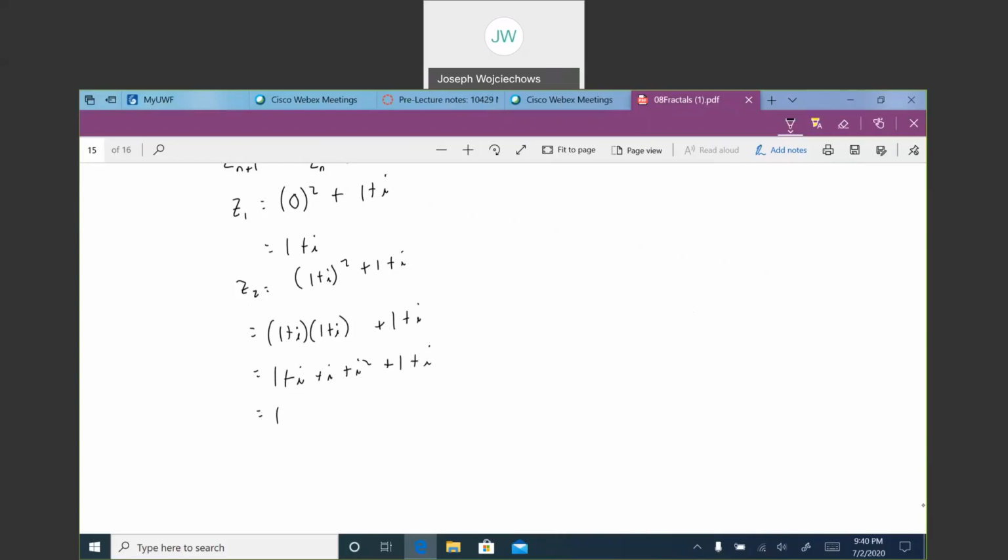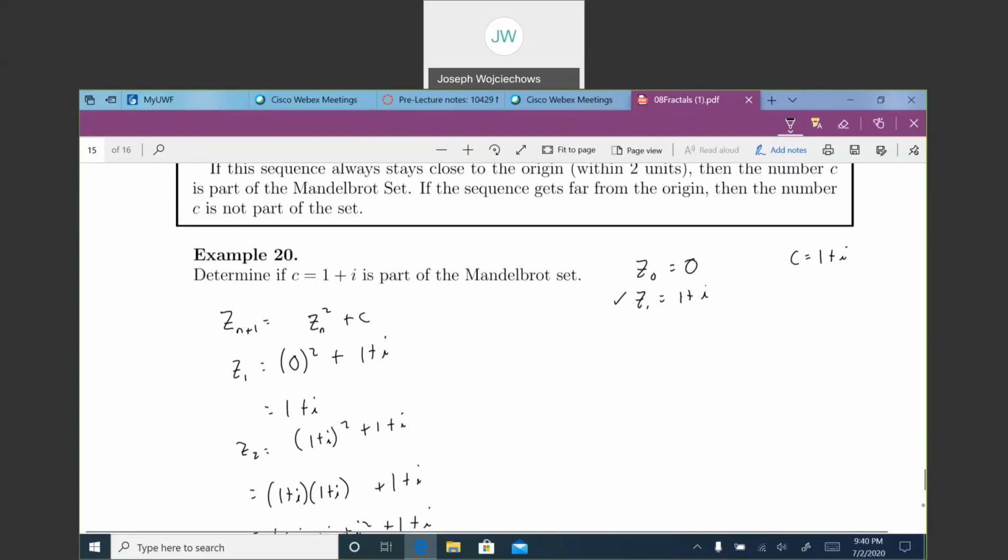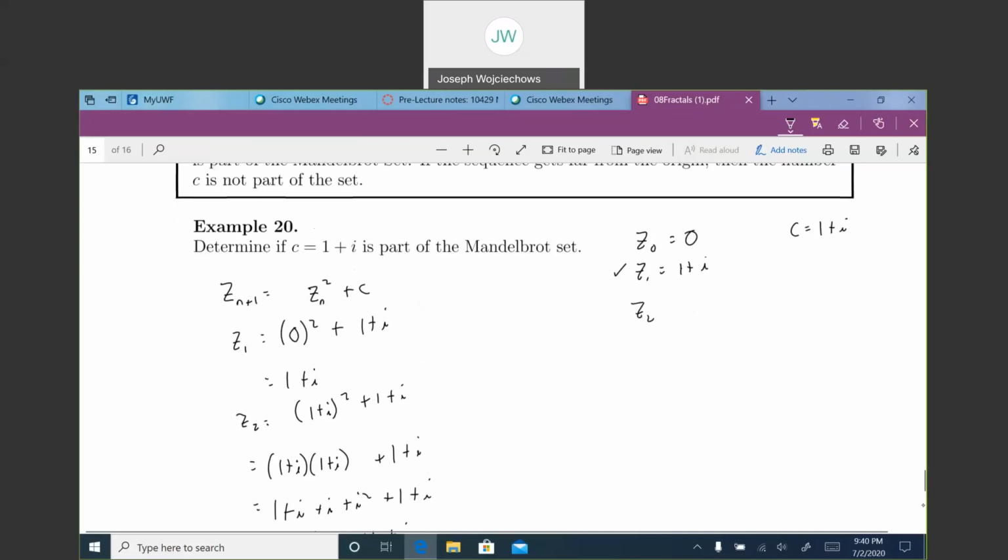Now this is 1, this is plus 2i, this becomes minus 1, this is plus 1 plus i. So what happens here? This is 1 minus 1 plus 1, which is 1. But this is 2i plus i, which is plus 3i. So Z sub 2 is 1 plus 3i. And that is further away.